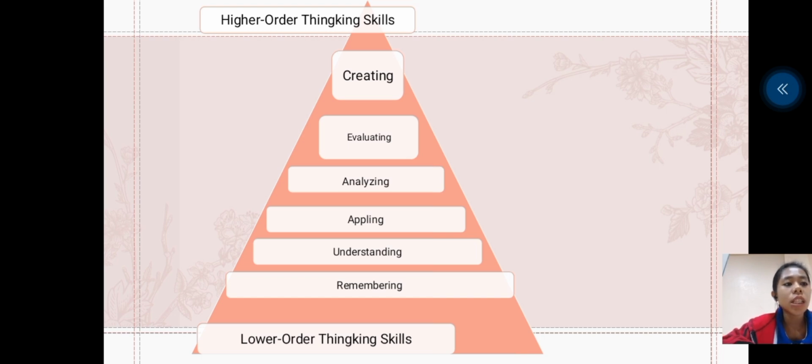As you can see in the pyramid, there are the lower order thinking skills and the higher order thinking skills. Understanding and remembering, those are the lower order thinking skills according to my research, and applying, analyzing, evaluating, and creating, those are the higher order thinking skills.